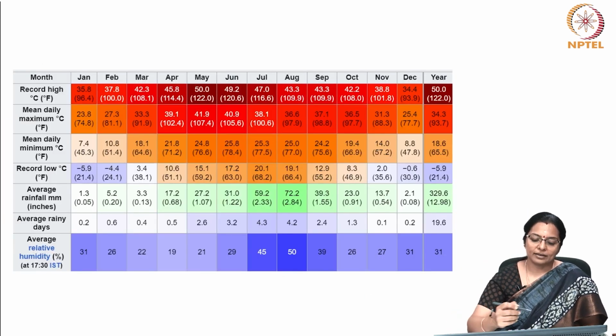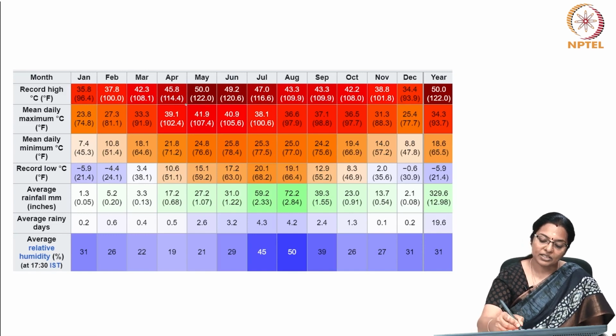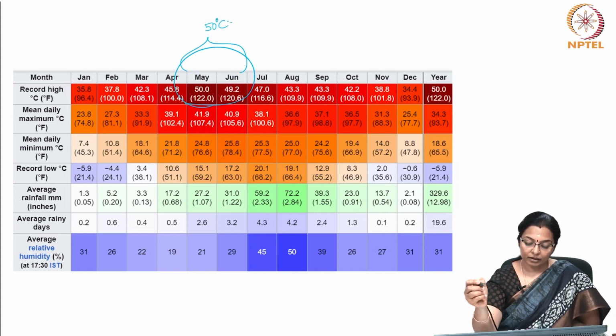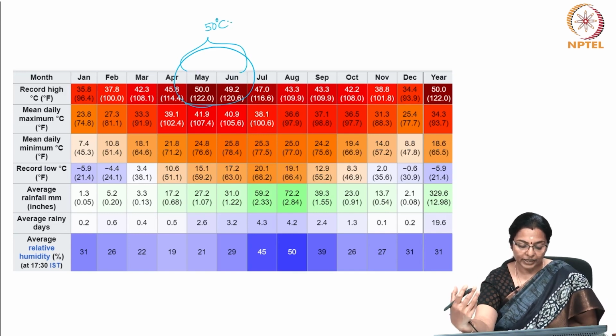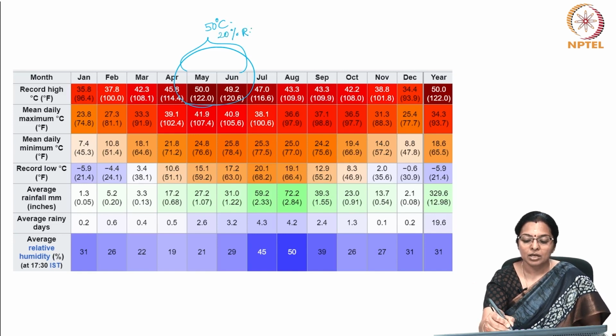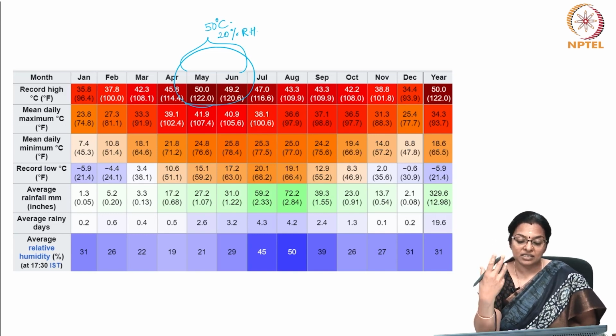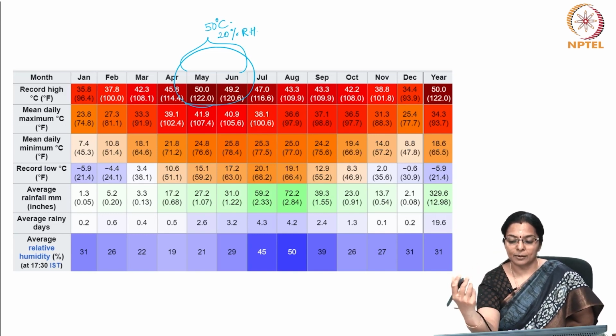If we look at the climate characteristics of a particular year, you can see that for some days of the year, the temperature has even touched 50 degrees centigrade, whereas the humidity is so low during this period, about 20% RH. So you can imagine the amount of dryness and the sensation of heat in this area.